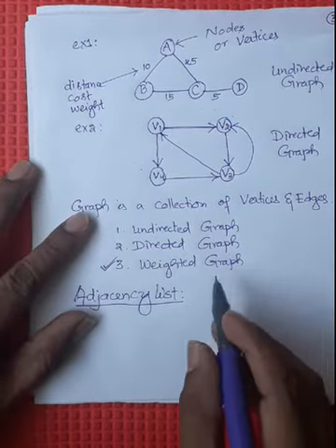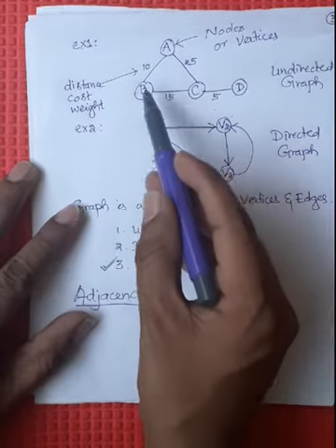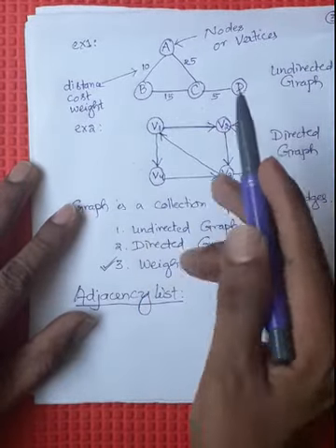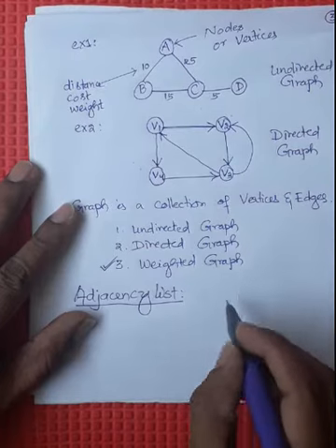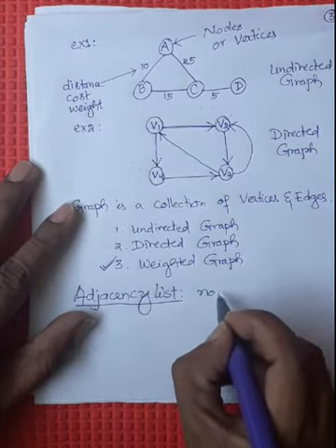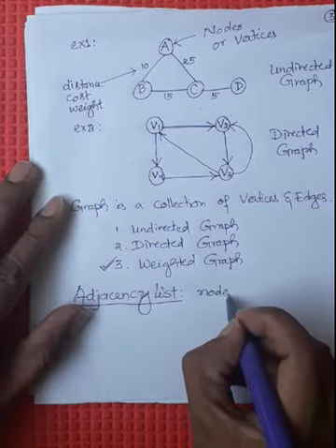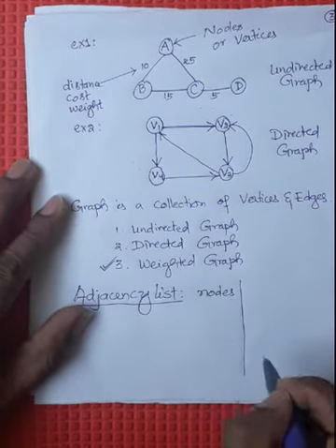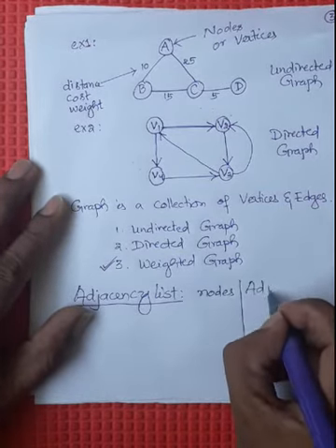For example 1, if I represent the adjacency list, how many nodes are there? 4 nodes are there. Let me write it: nodes, then adjacent nodes.